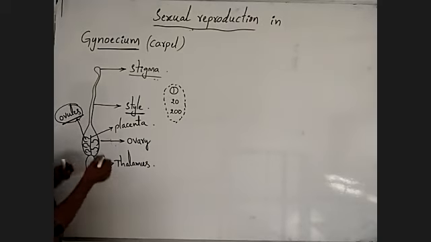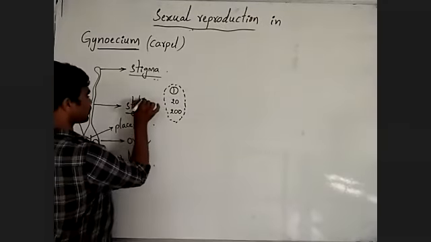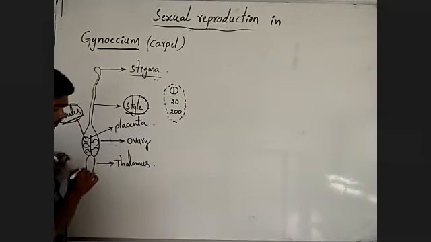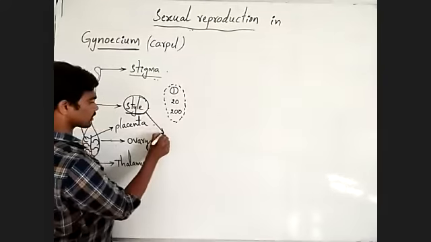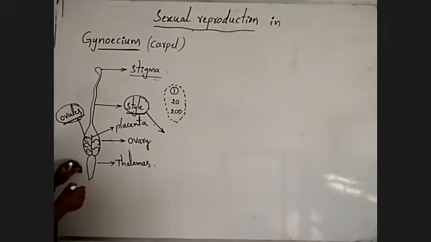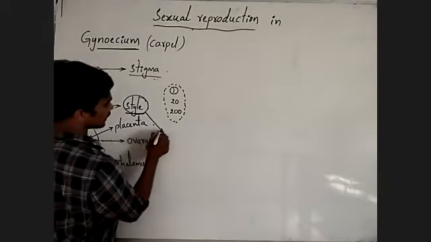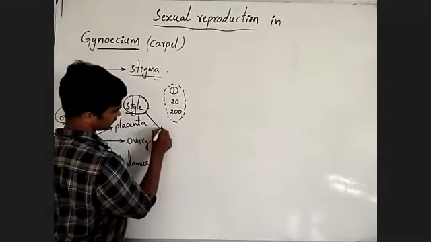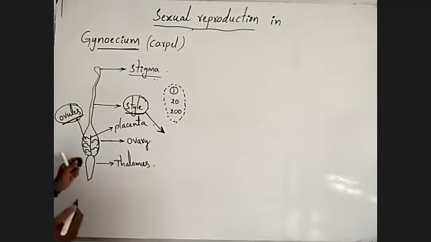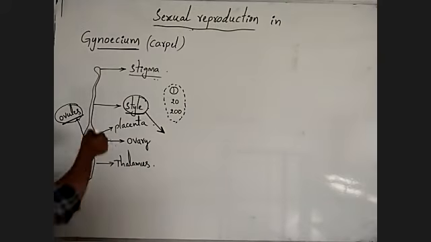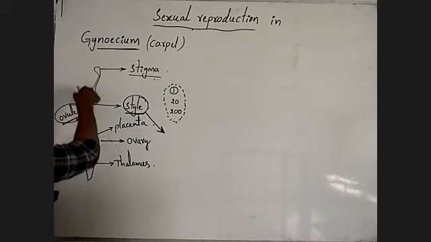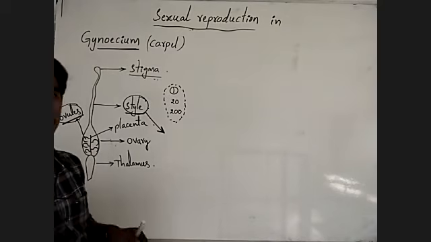Okay, very important. What is the function of the style? It acts as a trunk road, a way for the pollen tube to grow into the ovary.